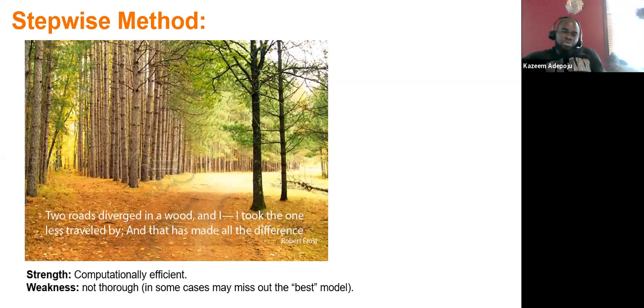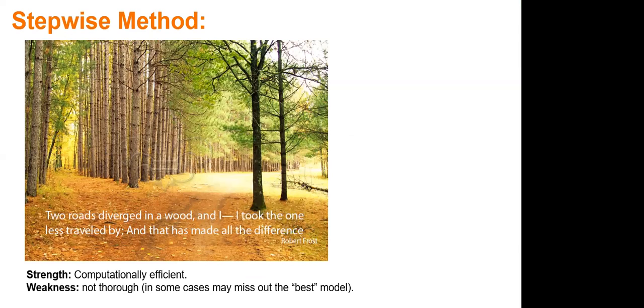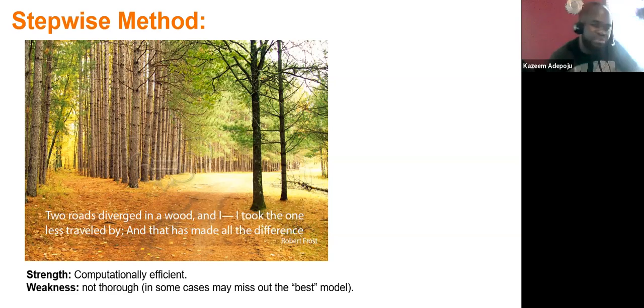Let me tell you, looking at the forward and the backward, it's more or less like the journey that I'm showing you right now, because we want to believe there are so many ways to get to our destination.